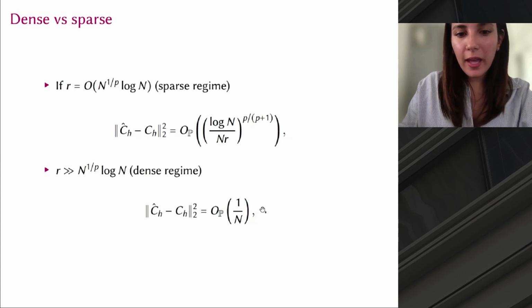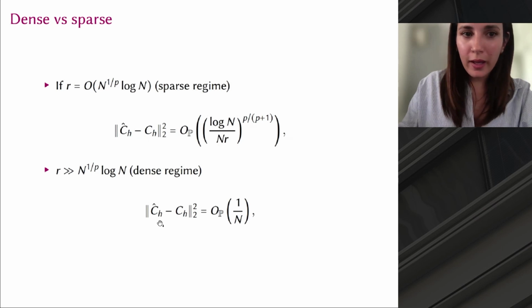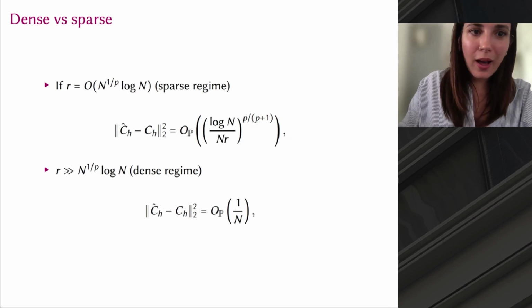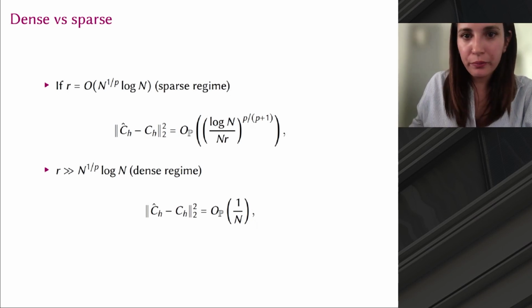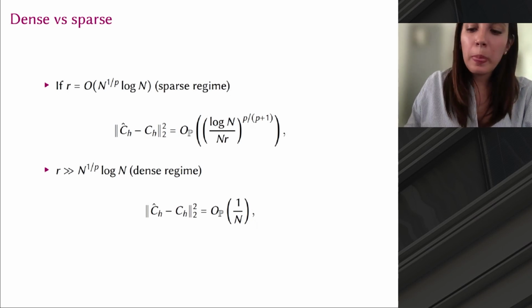So in the dense regime, the rate of convergence of these estimators is the same as, for instance, the sample covariance estimator when you have a continuously observed function, which is 1/n.